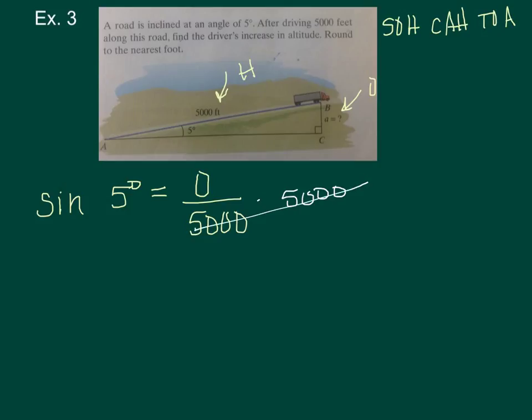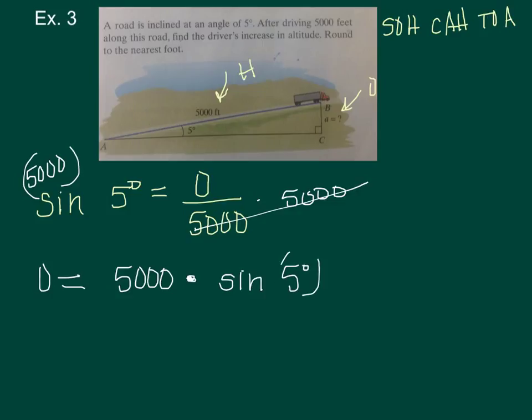Your calculator should still be in degree mode. So O is equal to 5,000 times sine of 5 degrees. So your answer should be 436 feet.